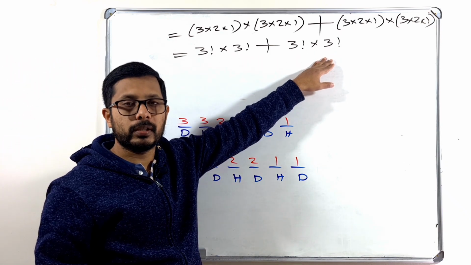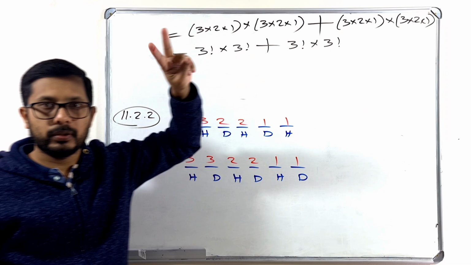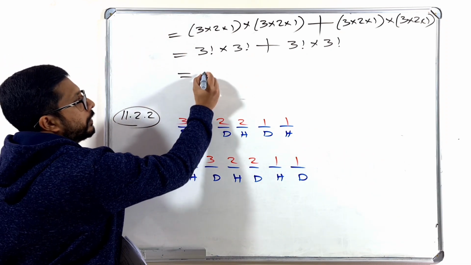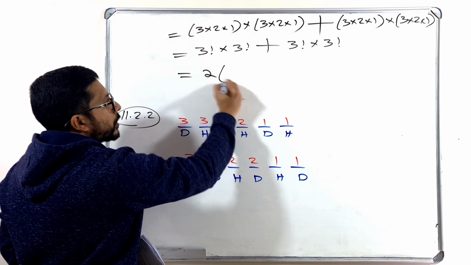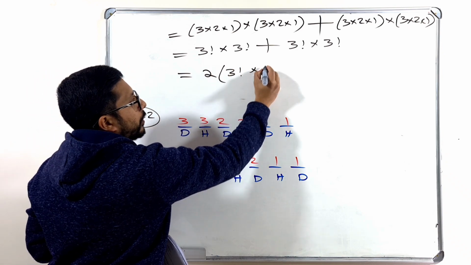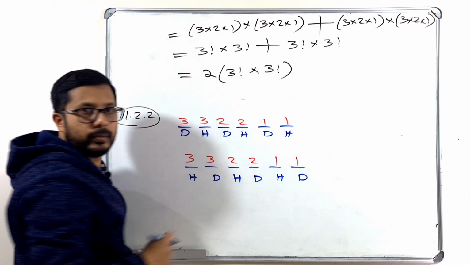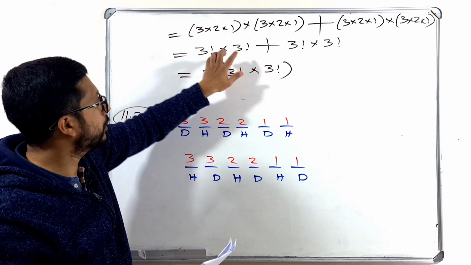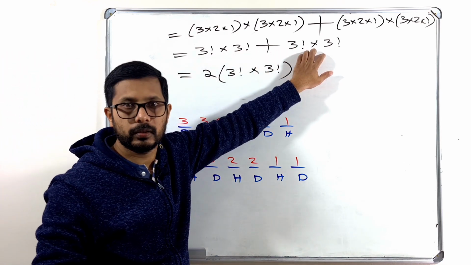How many 3 factorials are there? There are two sets of 3 factorial, am I right? So I can write it like this also: 2 times 3 factorial times 3 factorial. This is 1, this is 2, am I right?